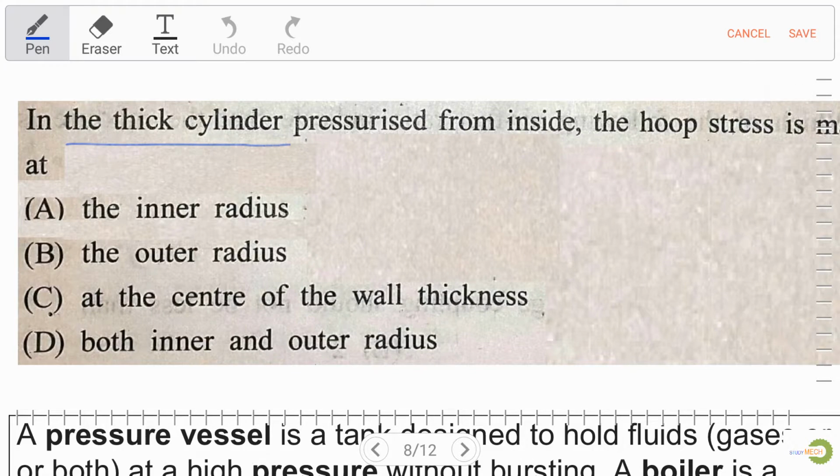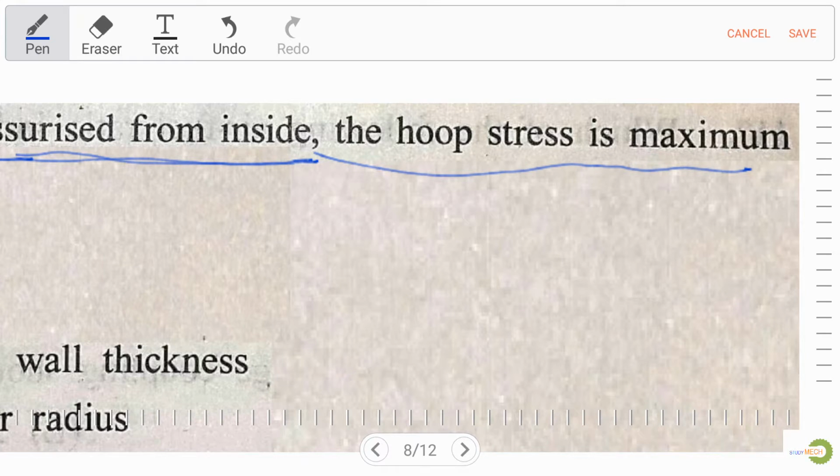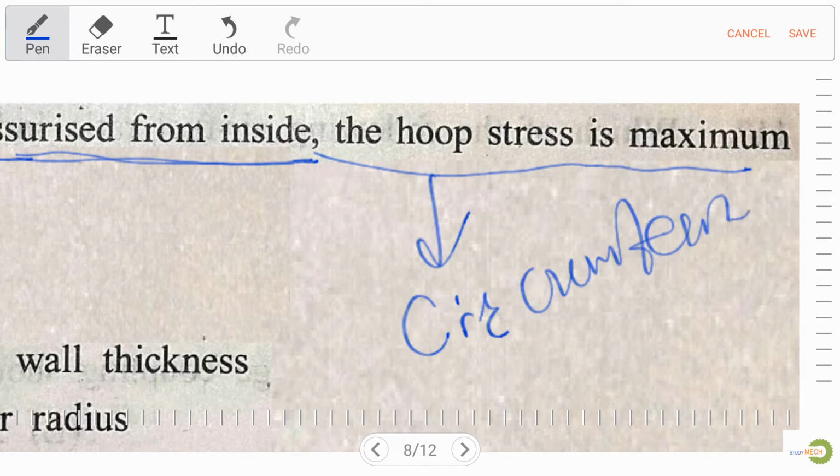In a thick cylinder pressurized from inside, the hoop stress is maximum. Now we know what hoop stress is. Hoop stress is also known as circumferential stress.